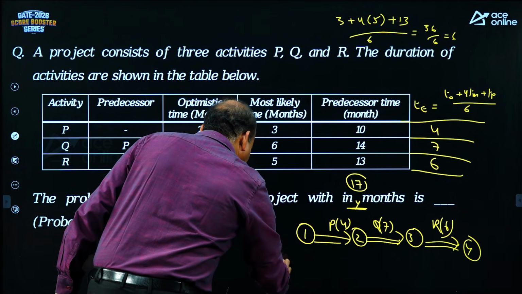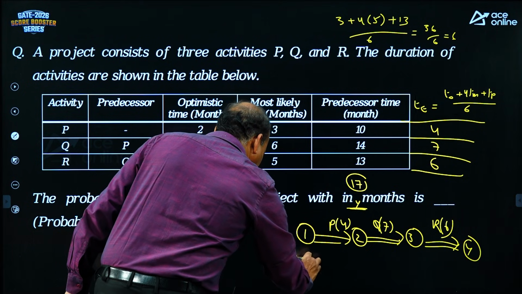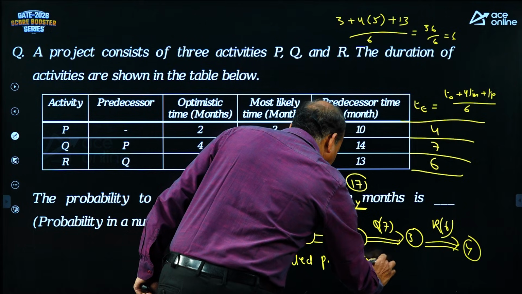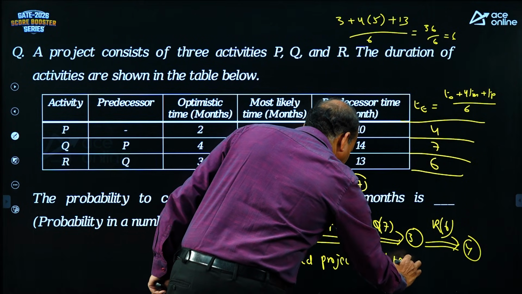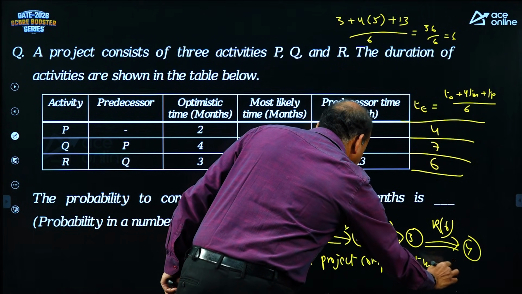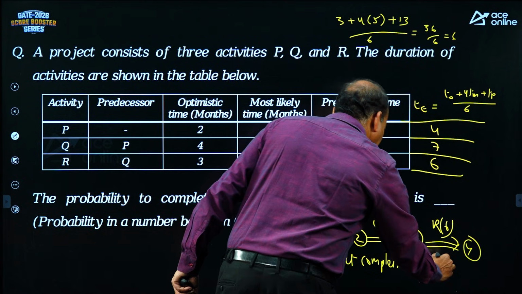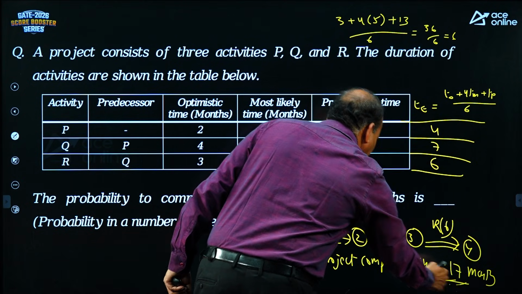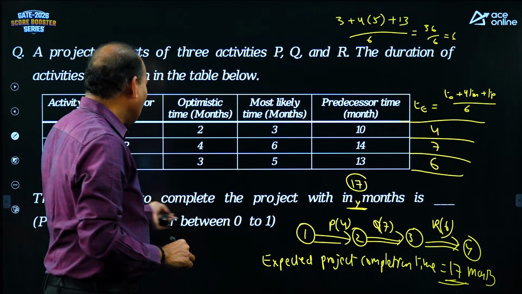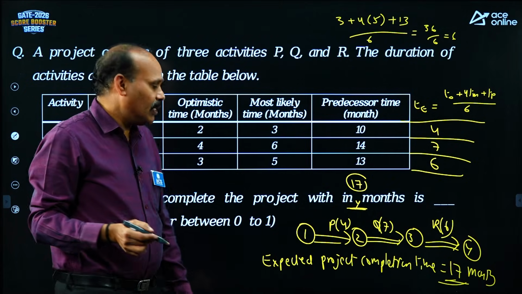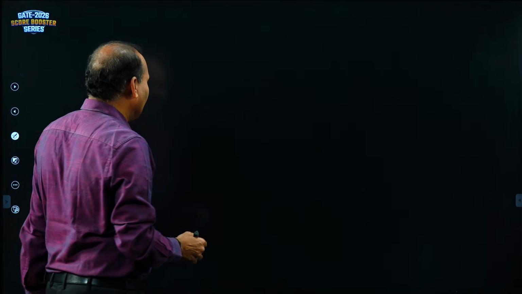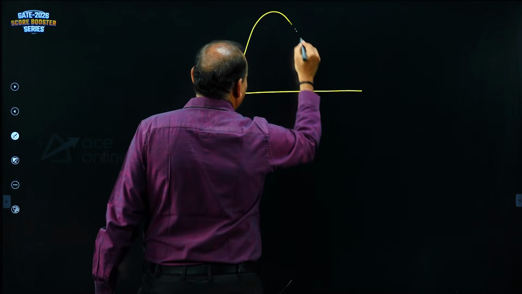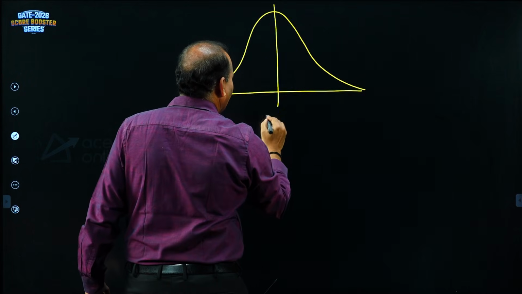Expected project completion time is equal to 17 months. And the question is also probability to complete the project within 17 months. So what we do? Take the diagram for this. So critical path is always a reference. This is the critical path.